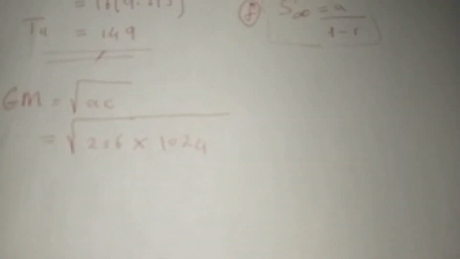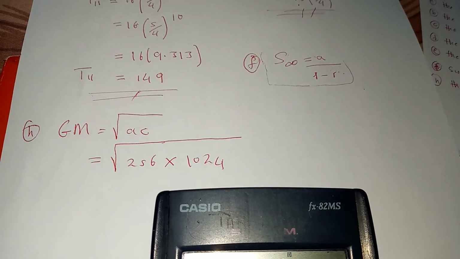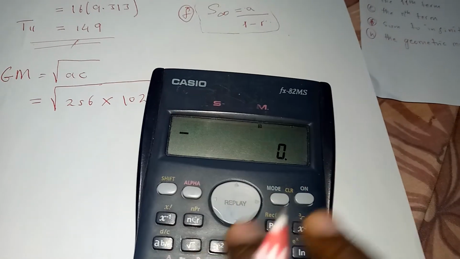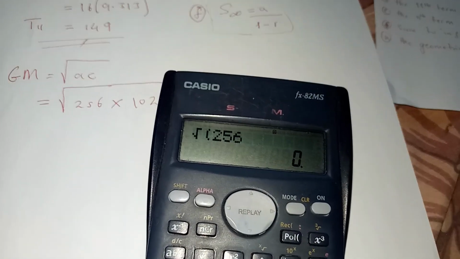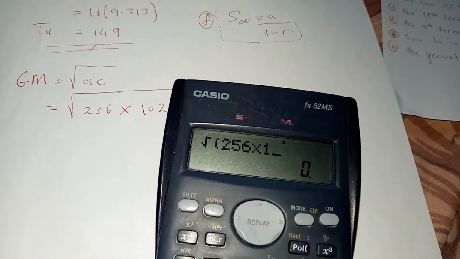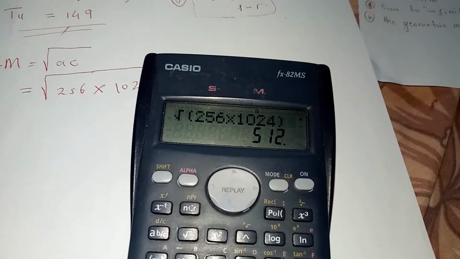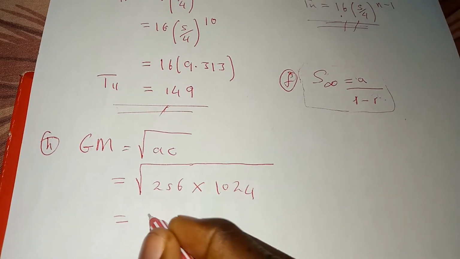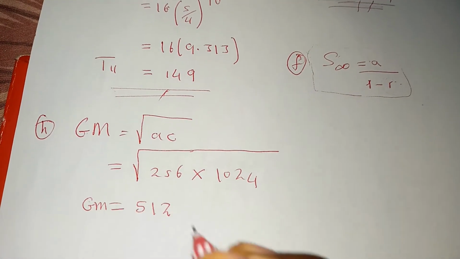Then you get your calculator, then say open the square root, then in brackets you say 256 times 1024, then you close the bracket there to give you 512. So there the geometric mean is 512 as our final answer.